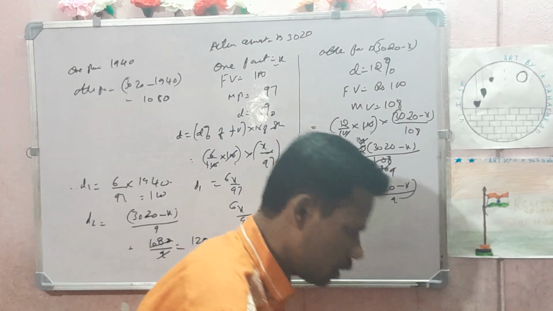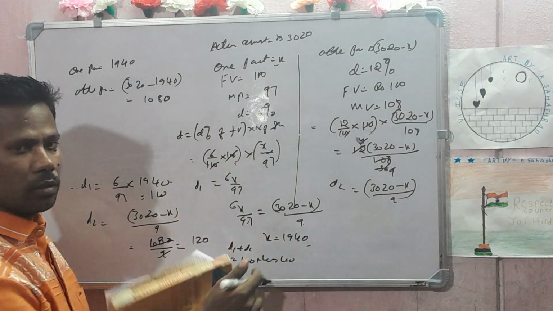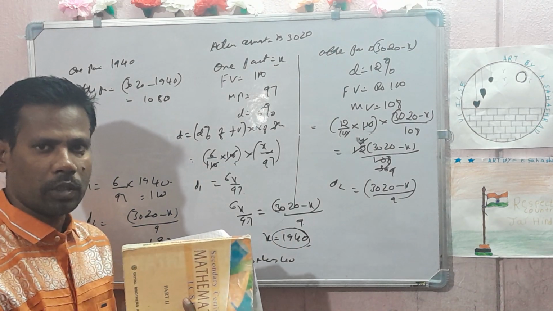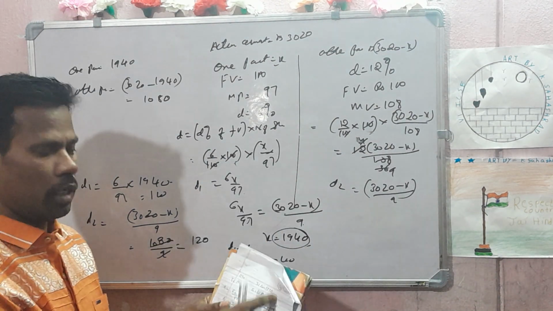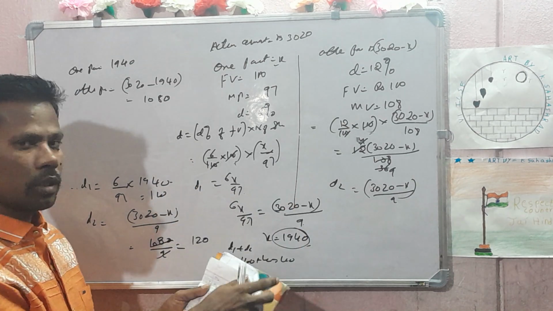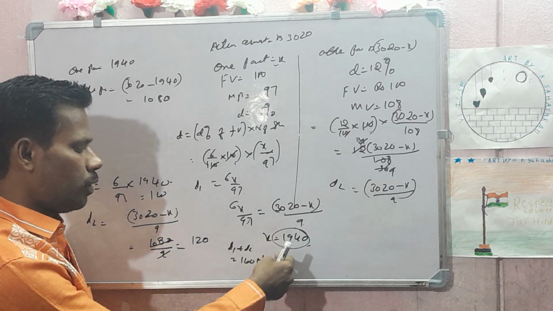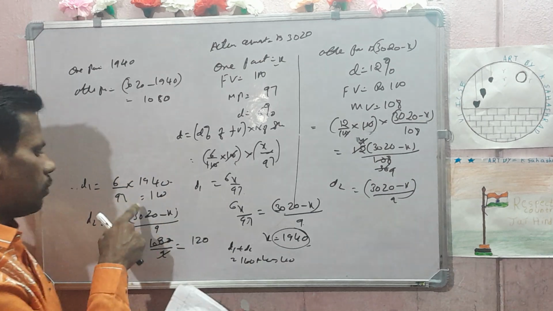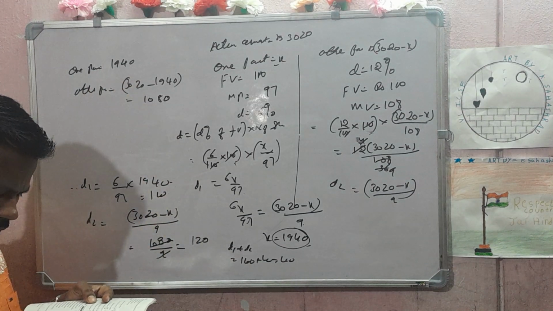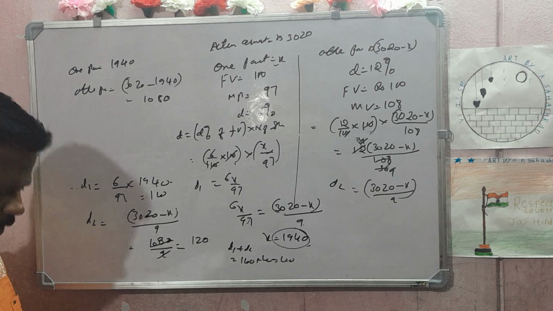So here the only thing is the calculation part is big. Getting the value of x, since you are in 10th class, please try to do by yourself. Already I have done here. I am copying the value from here so that you can save the time, because simple calculations you can do by yourself. So what is asked is to find the sum invested in the shares.